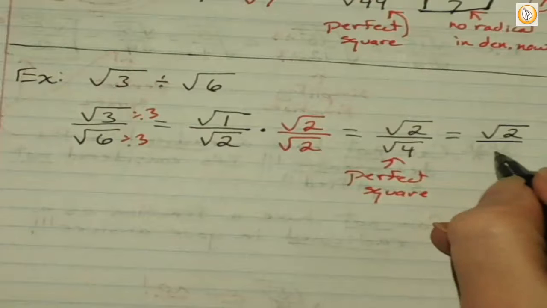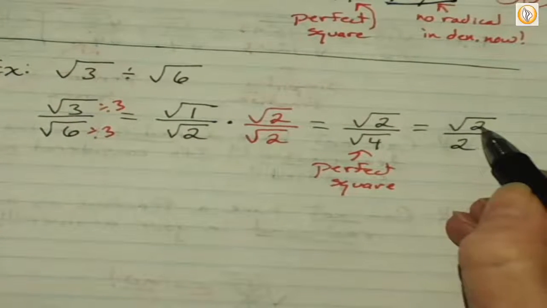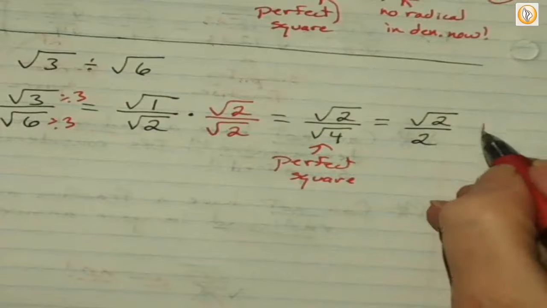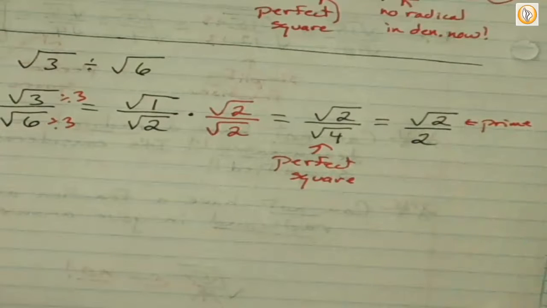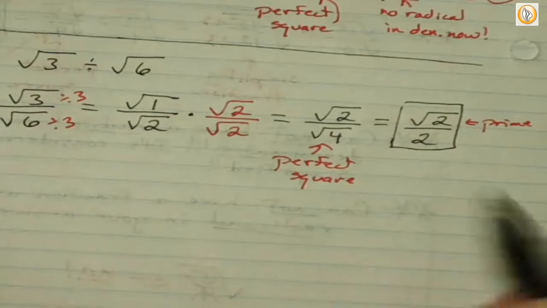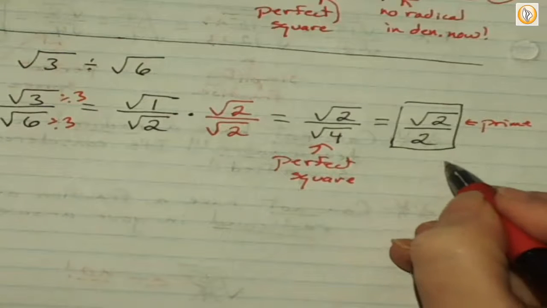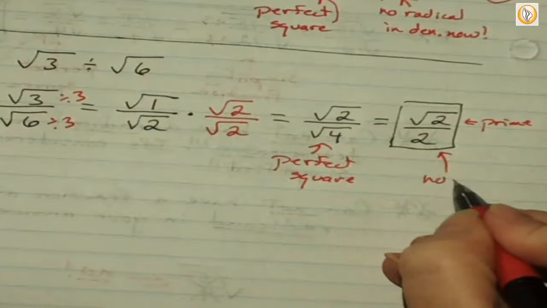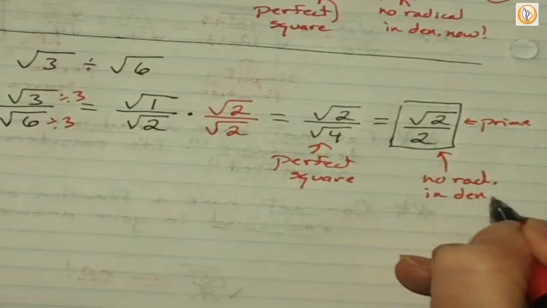So we have the square root of 2 over 2. And this is prime. So then this is our answer. We no longer have a radical in the denominator.